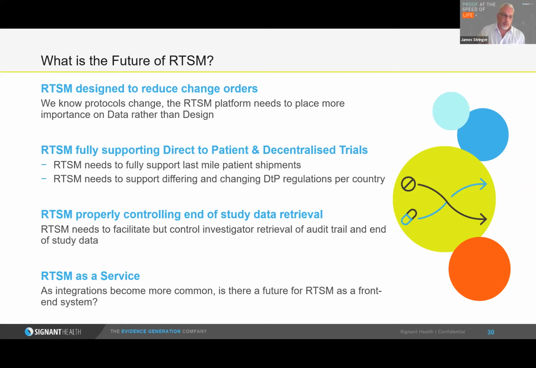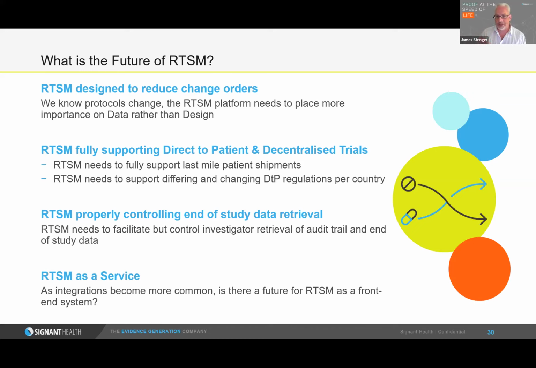So from a Signant perspective, we're absolutely developing functionality that will allow for the retrieval of that, because the interesting thing when you read the regulations where that's concerned is they talk about providing the data, but inherently that study data has to be unblinded to be a complete data set.